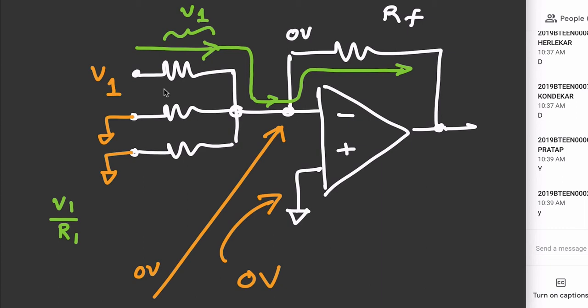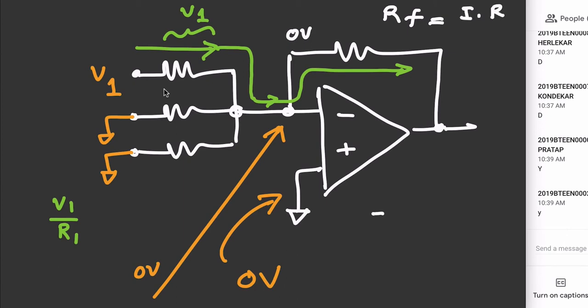Because of this current that is flowing, there will be positive and negative. This is the polarity of voltage that is available because the current is flowing from left to right. So the voltage across Rf is current into resistance.